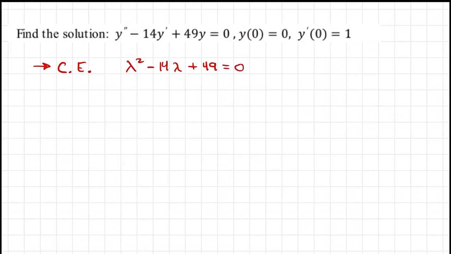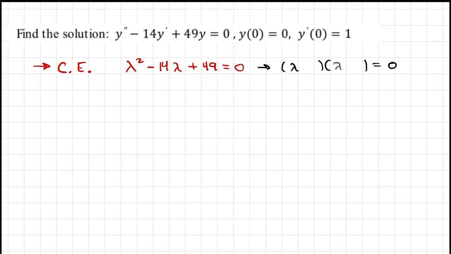So to solve this, you can use whatever method, quadratic equation. In this case, we're going to be using factoring. So you can see to factor this out, this one I know is factorable. So we have lambda and lambda, and then we need numbers that multiply to get 49 and add up to give me negative 14.